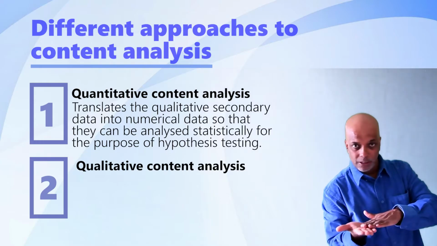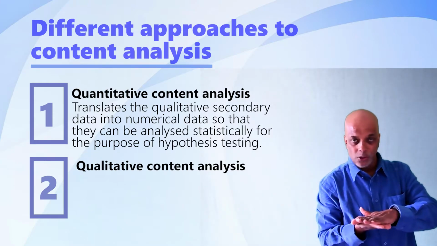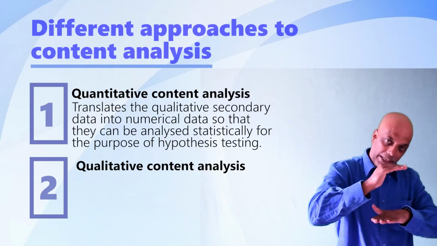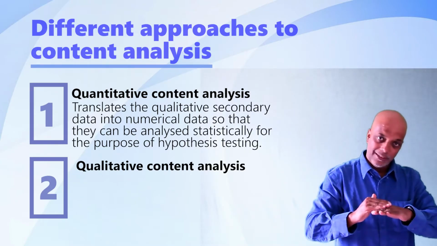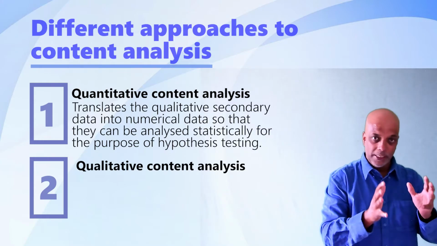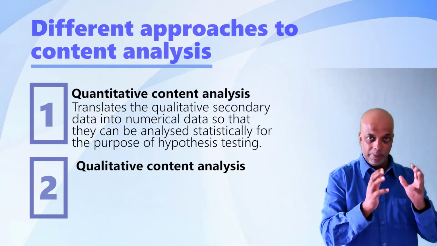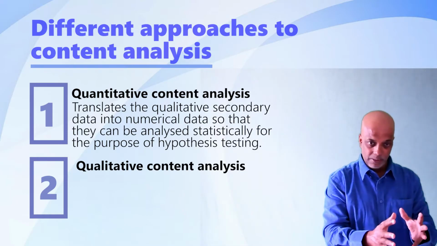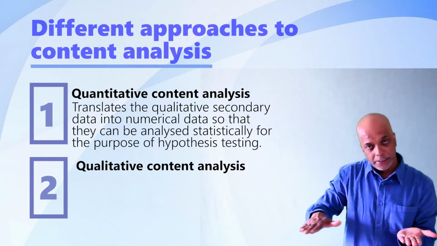So you convert these qualitative data, in their native form, into numerical data by counting. For example, how many times a particular word, a particular concept, a particular theme, or a particular variable appears in this text.